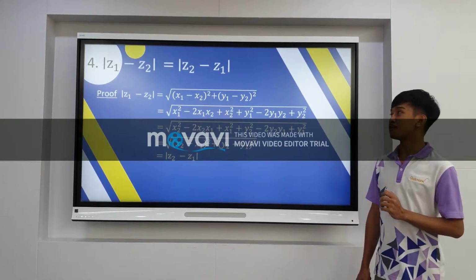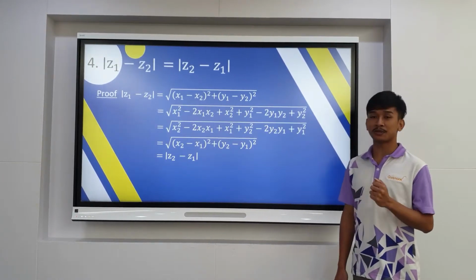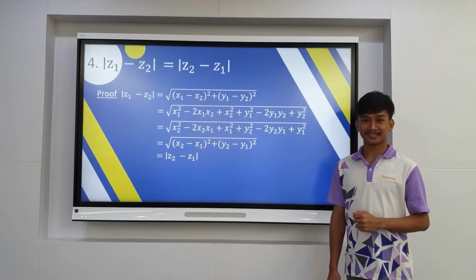So absolute z1 minus z2 equals absolute z2 minus z1.